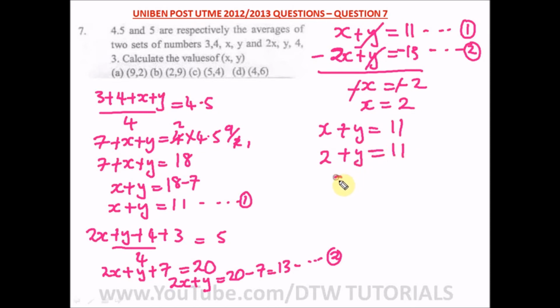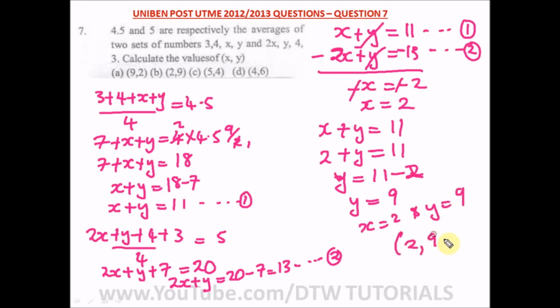So y will be equal to 11, carry 2 to this side, we have minus 2. What is 11 minus 2? That will give us 9. So x is equal to 2 and y is equal to 9. That is 2, 9. This is our answer, and our right option here is option B.